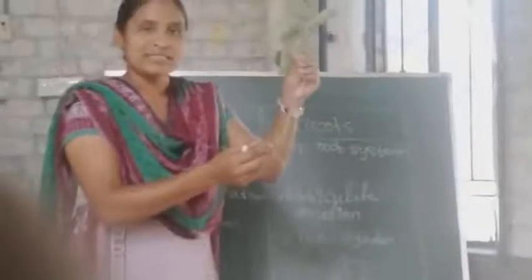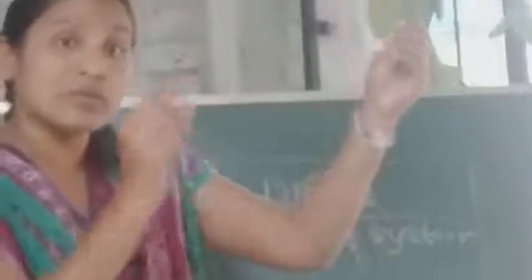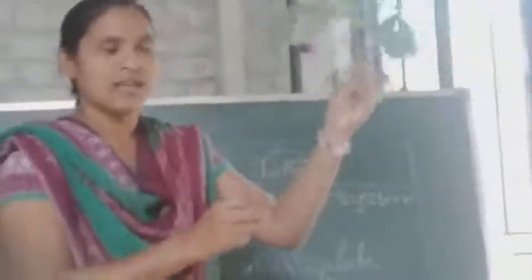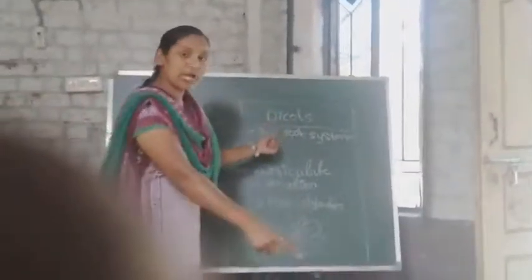What is it called? Taproot system. What is a taproot system, guys? From the middle root, the small roots arise, and from these branches also small rootlets grow. Have you understood?